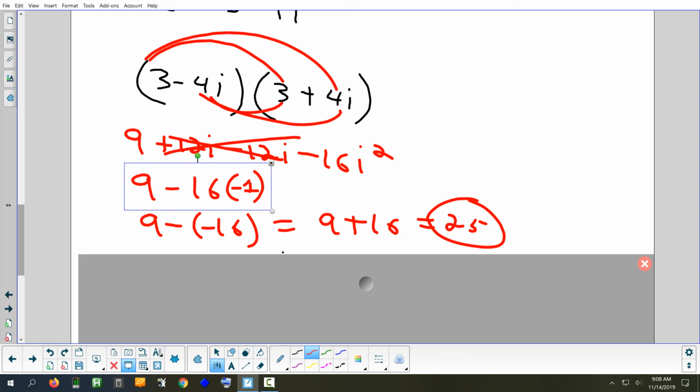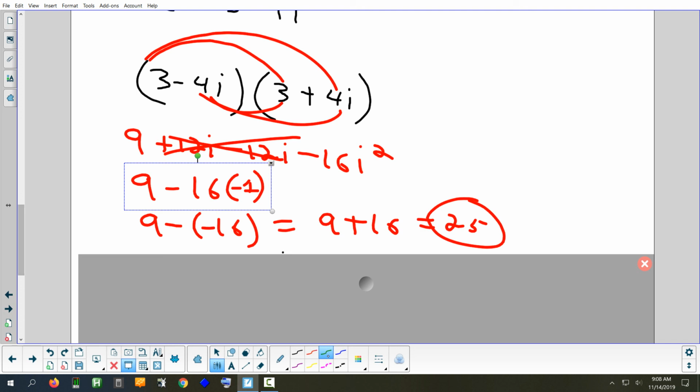So what do you notice about the answer? Only one number. And what kind of number is it? It's real. Anytime you multiply two conjugates together, all the i's are going to cancel out, and you're just going to get a regular number. And there's a quicker way to get that number than actually foiling with conjugates.